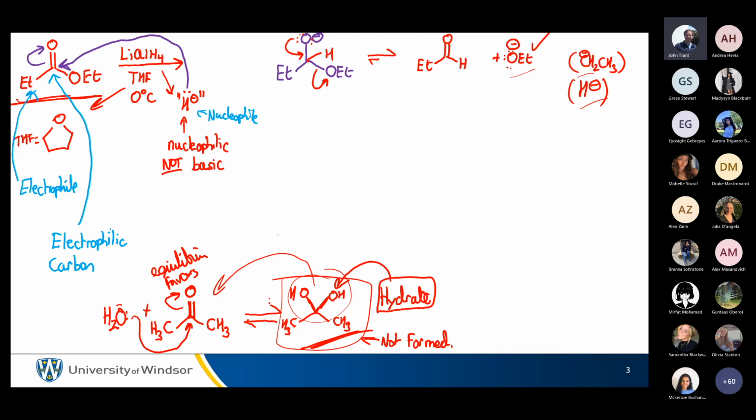Now, we've got an aldehyde. But if we have excess lithium aluminum hydride, so if we still have more of this stuff in here, because we just took a bucket and piled it in without setting anything on fire, can that react with the carbonyl?